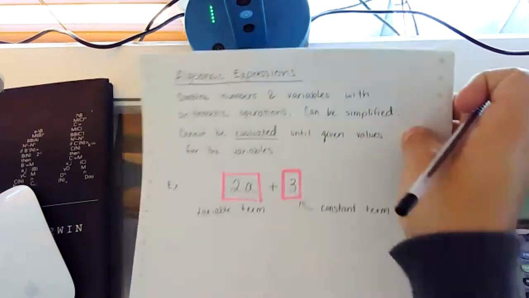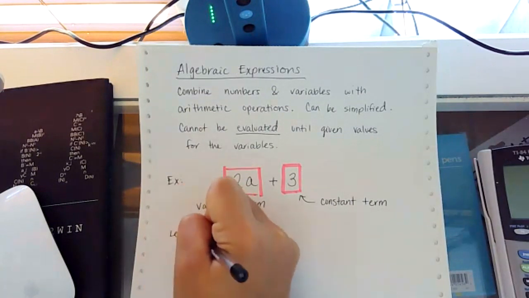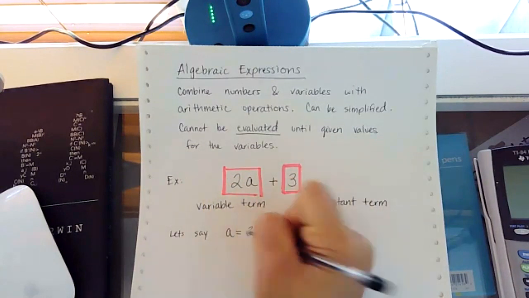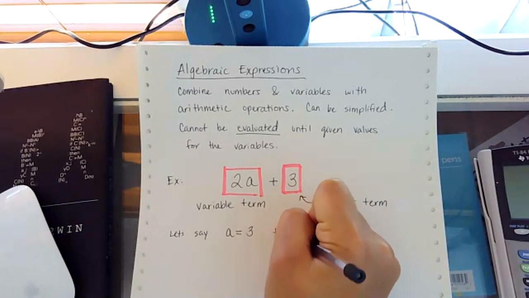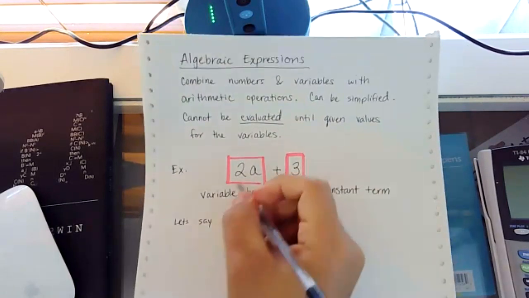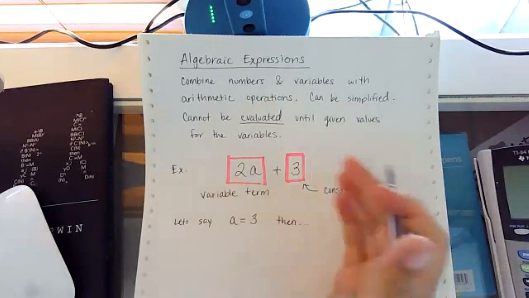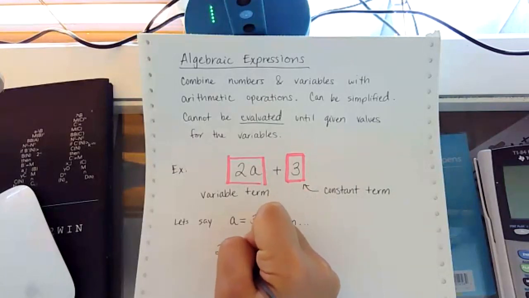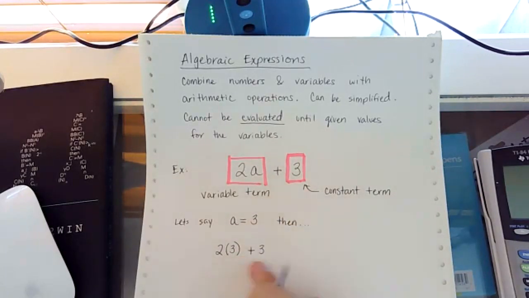What I mean is that if I told you that a is equal to 3, then this expression will change and I can evaluate it. I have 2a, so 2 times 3 plus 3.